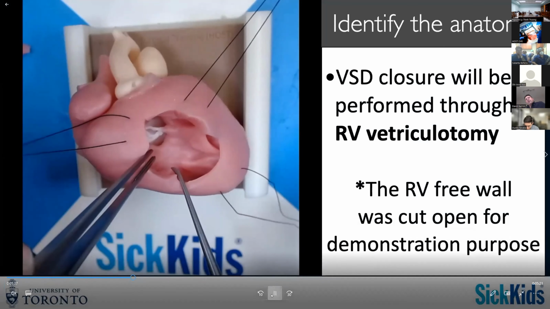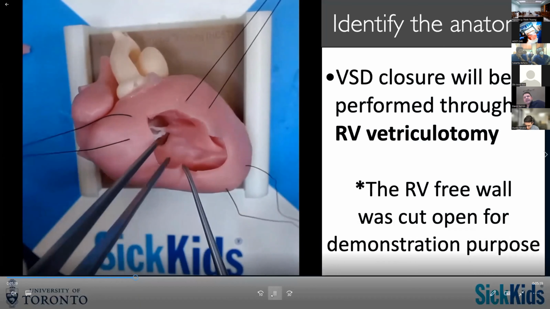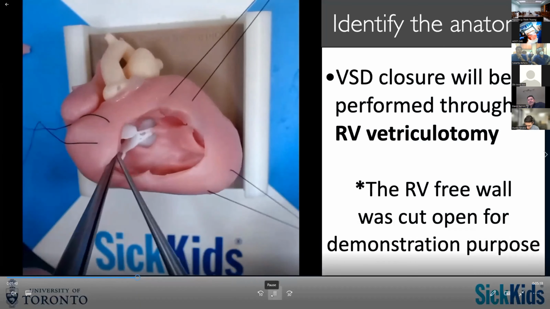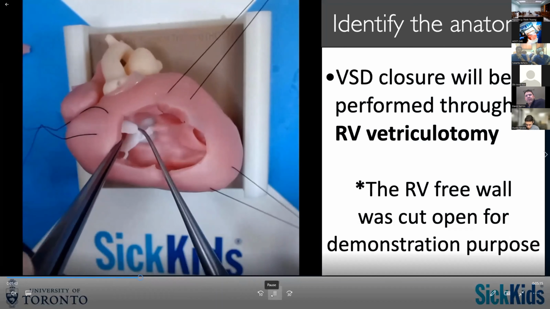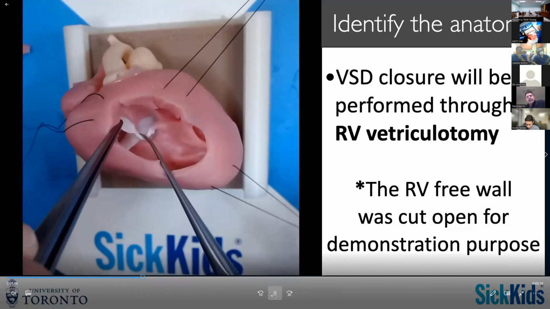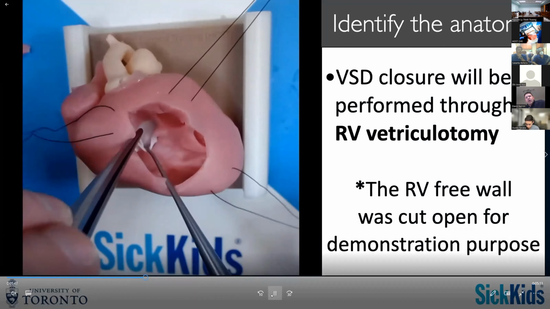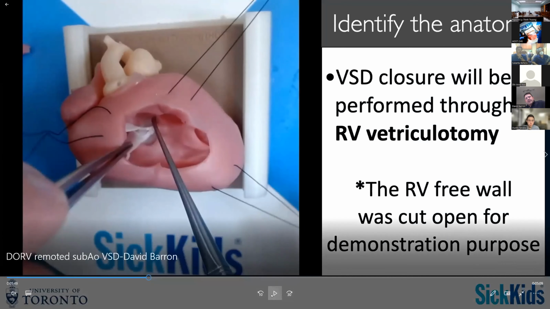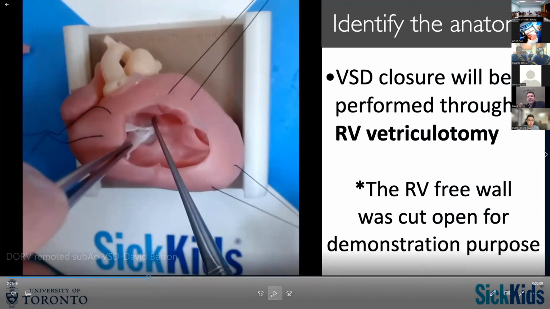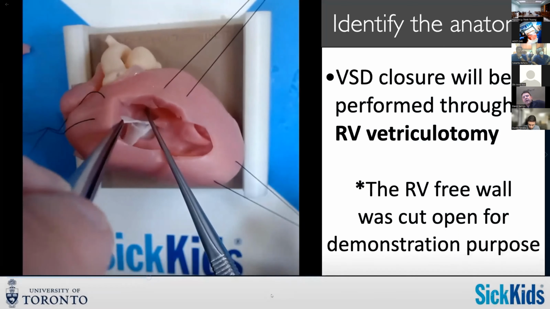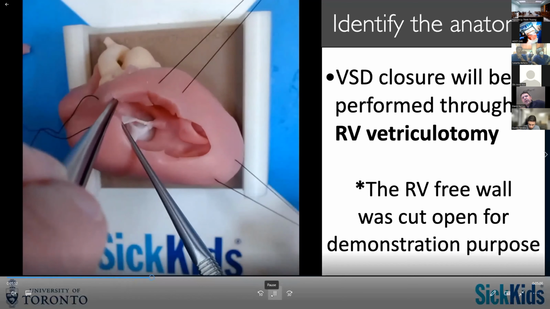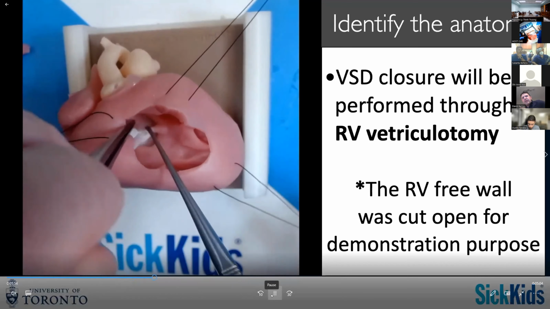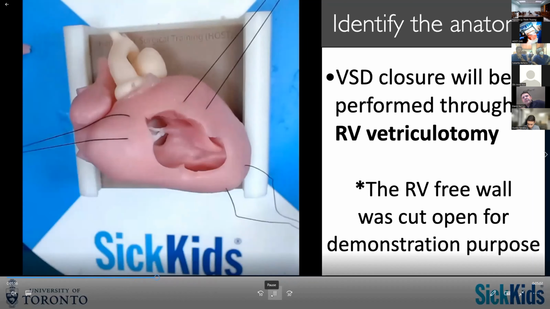We've cut away the anterior wall of the RV here to give you a good view of the repair, but you can effectively do this through a small vertical right ventriculotomy, which sits right up there. It gives you this beautiful view looking down on the inlet VSD, and you can then work out how to carry your pathway with a patch from that remote VSD up to the aorta.